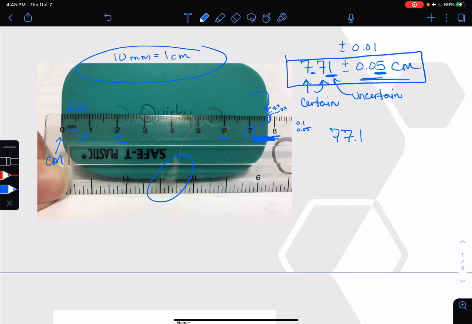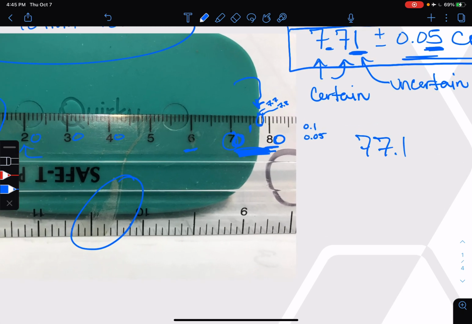But this is a measuring lab, so you guys should probably measure it and make sure that you're doing it correctly. So if we take a look at what we talked about earlier, about how this area right here is either 10 millimeters or 1 centimeter, what we could remind ourselves of is wherever we have 1 centimeter, we would have 10 millimeters. So we have 0 and 10, 20, 30, 40, and on in millimeters there. So that means if we go all the way over here that we've got 70 and 80 millimeters there.